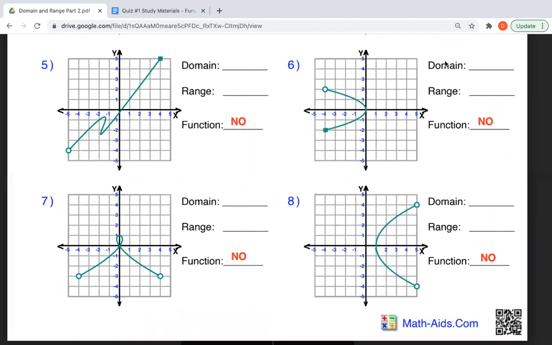So number 5, domain. We have the left wall at -5, open circle, the right wall at +4, closed circle. So -5 with the parentheses, 4 with the bracket. The range, we start down here at -4, open circle, end at +5, closed circle. So -4 parentheses, 5 bracket. For 6, this was similar to number 4.